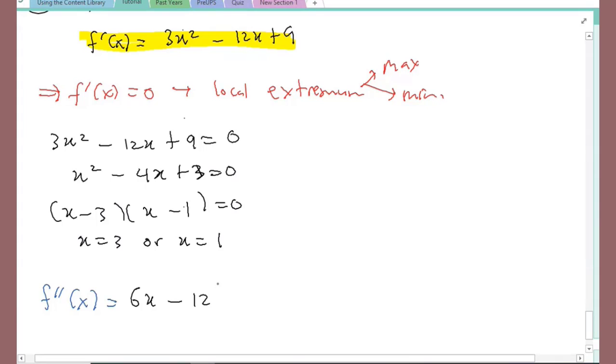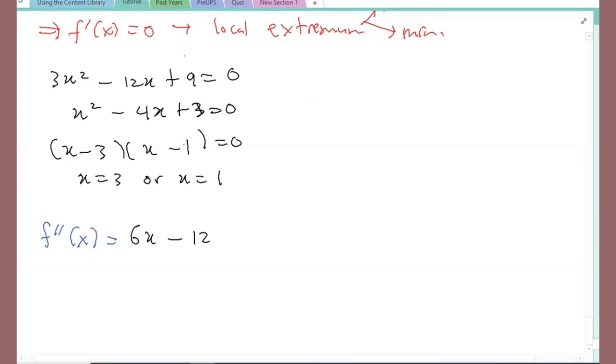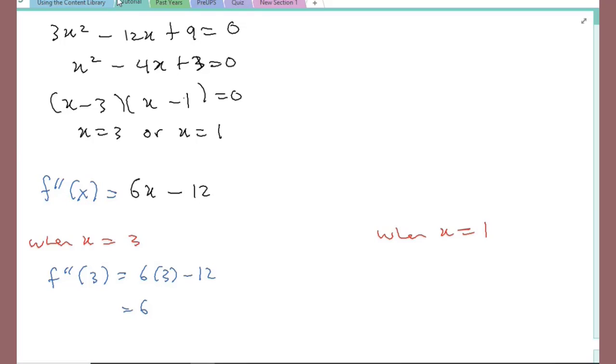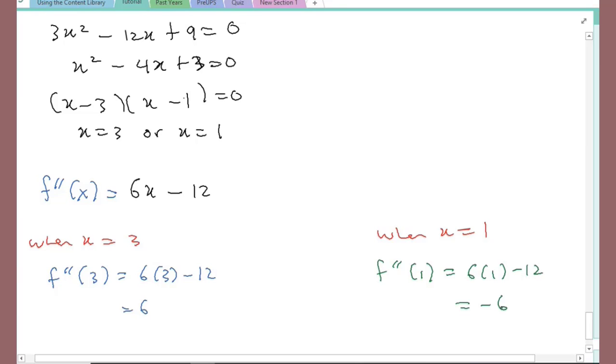And substitute, when x is equal to 3, when x is equal to 1. f double prime of 3 is 6 times 3 minus 12 is equal to 6. f double prime of 1 is 6 times 1 minus 12 is equal to negative 6.